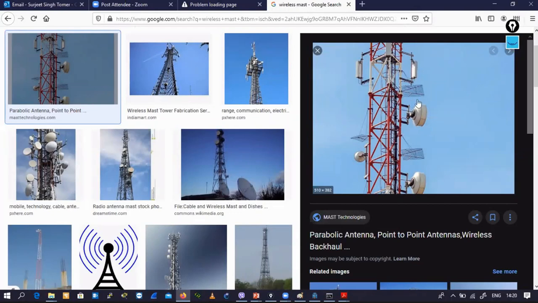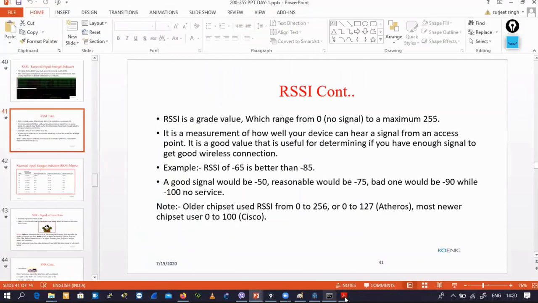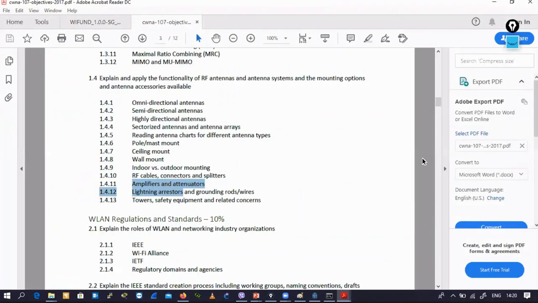These antennas are omnidirectional antennas. You can see here. So in the bad season, let's say the rainy season, thunderstorm season, lightning will destroy your antenna. So we definitely need the lightning arrestors everywhere. So this is so good information in CWNA.